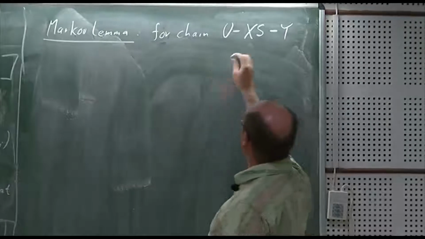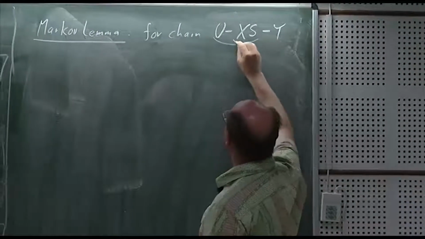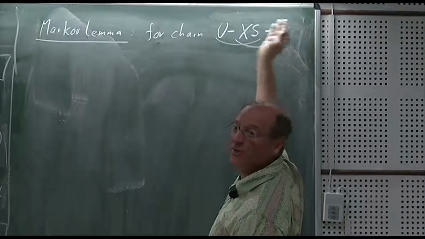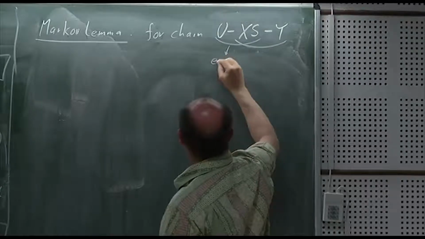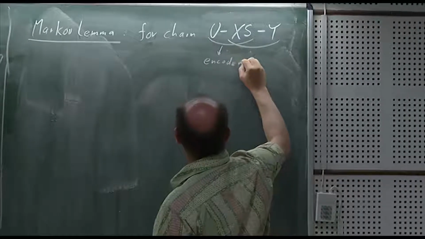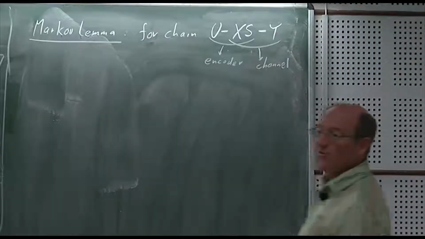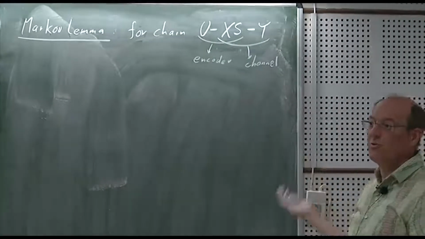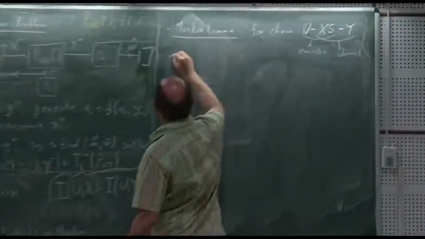And since the encoding step makes these two typical, and the channel makes these two typical, the whole thing is typical because we have the Markov chain. That's it. So the encoder makes these typical, and the channel automatically, with high probability, has those typical, and so U and Y will be typical, or the whole triple will be typical.